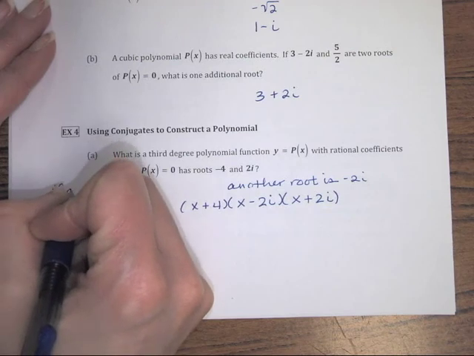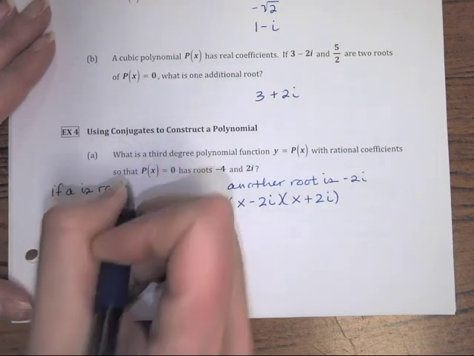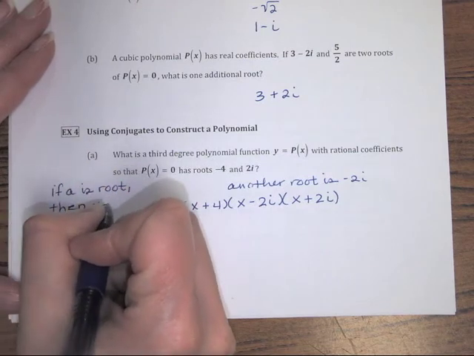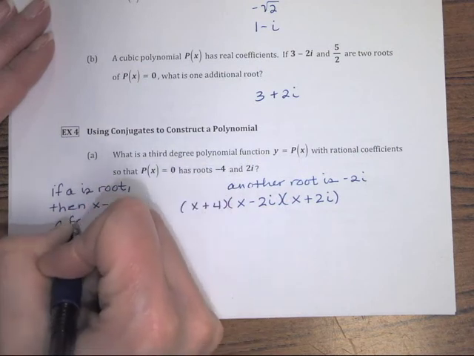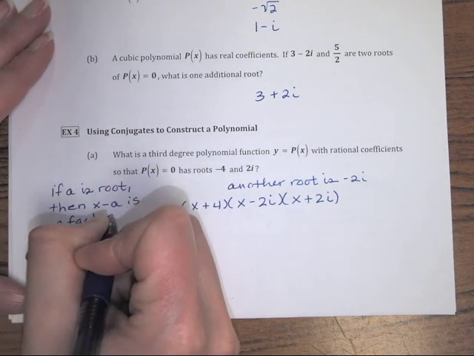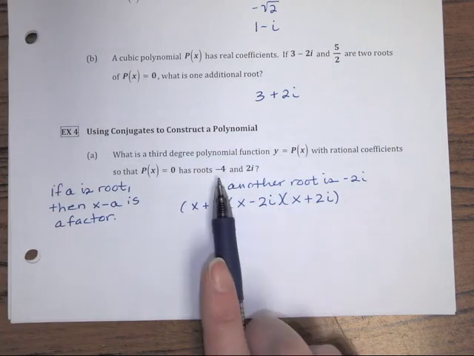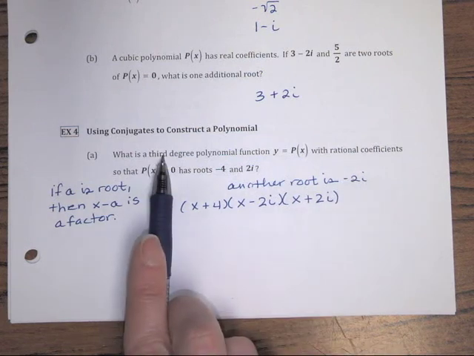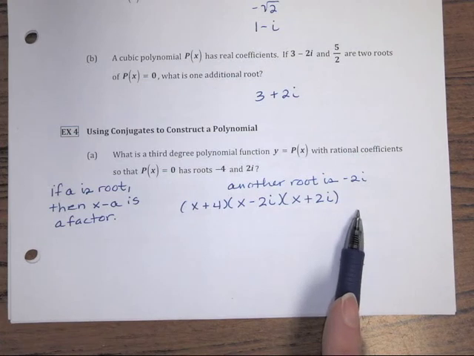Remember, if a is a root, then x minus a is a factor. All right? So all I did is I took these three roots, because a third degree polynomial is going to have three roots, and I put them in the form x minus a. All we got to do is FOIL all this together.